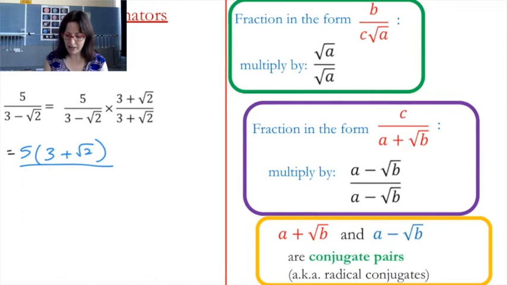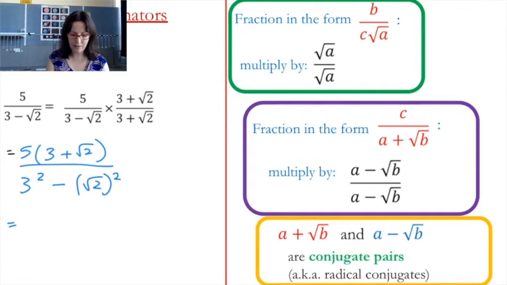And then for the denominator, you need to be able to recognise that that will end up being the difference of 2 squares. So the middle terms would cancel out, and we have 3 multiplied by 3, so we have 3 squared, and it's a subtract. And the second term, root 2 all squared. Let's simplify that.